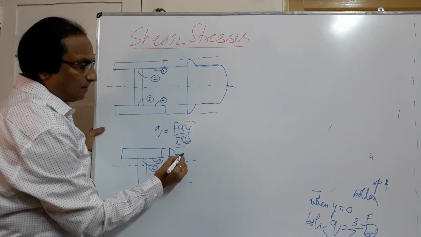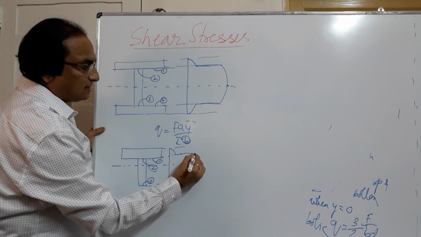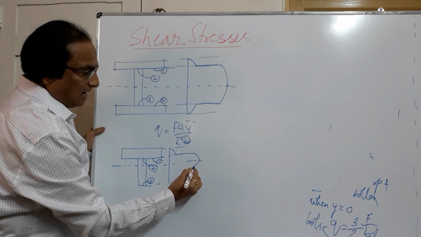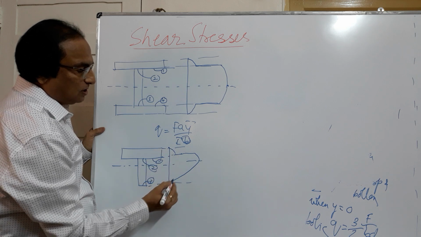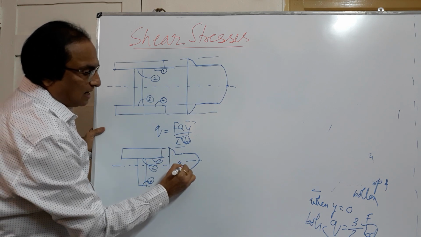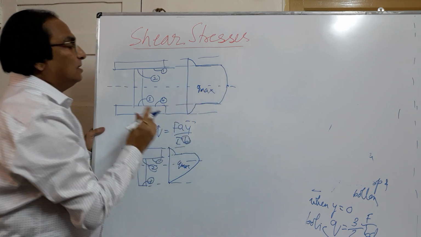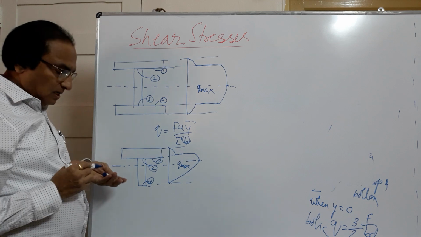Here it will have a jump because the width is less. Again, this is the neutral axis, the maximum value will be at the neutral axis, and at the bottom the shear stress is 0. This is the Q max at the neutral axis. So these are the types of diagrams you get for an I section and a T section.